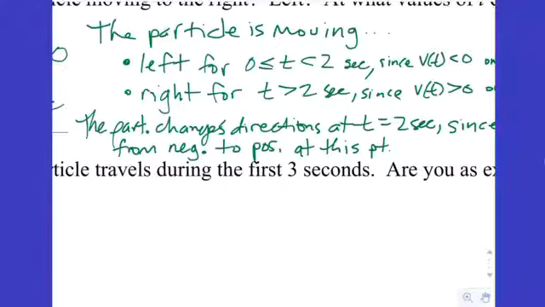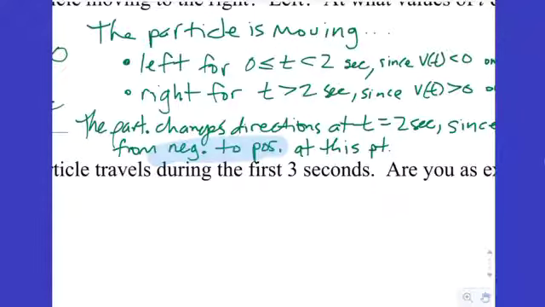Now, does it really matter how the velocity changes signs in order for the particle to change direction? Not really, but guess what College Board wants to see? It wants to see how it changes direction. So if you just said, since the sign of the velocity changes signs there, I might be like, okay, I'm cool, I'm with you on that. Since the velocity changed signs at t equals 2, change directions.